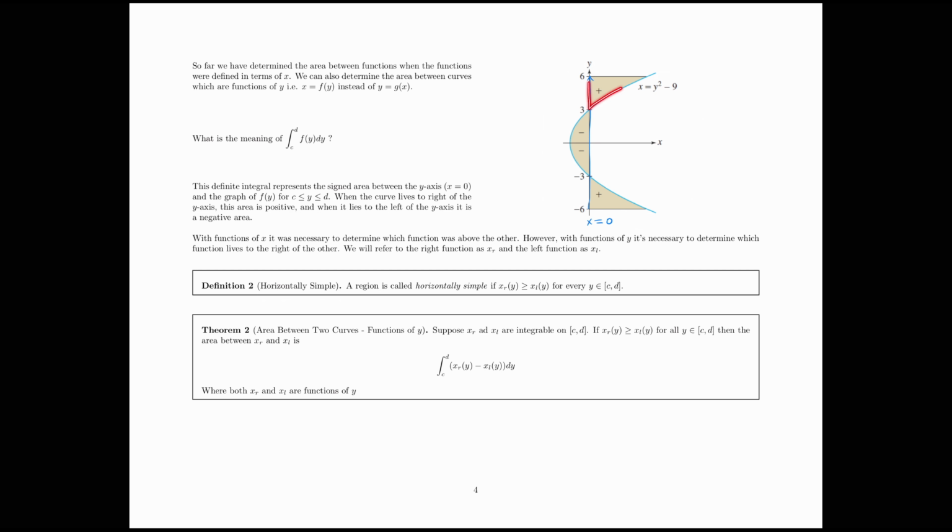For this top region, the right boundary curve is y squared minus 9, and the left boundary curve is x equals 0. But for this next piece, you can see that they have intersected and swapped. Now the right-hand boundary is x equals 0, and the left-hand boundary is this horizontal parabola. It's the same idea as vertically simple, but now shifted to horizontally simple.